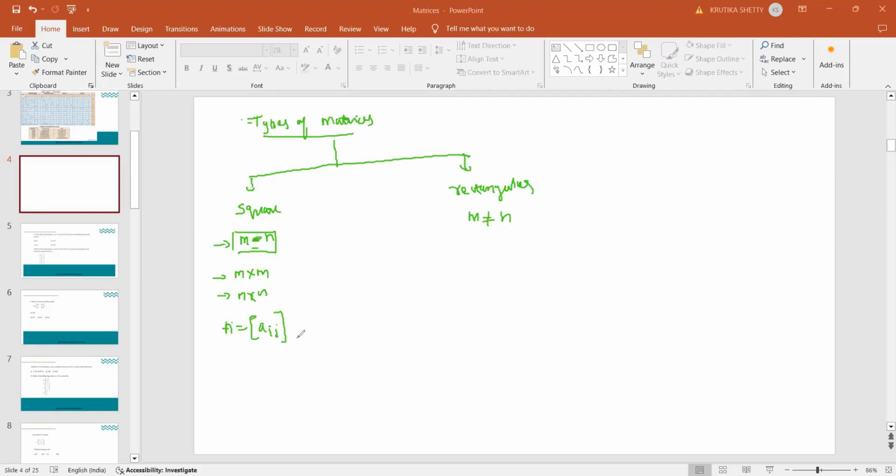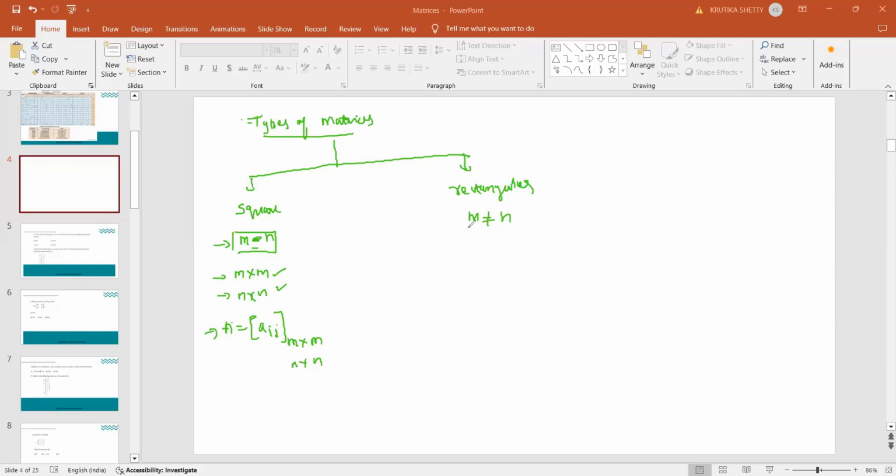This general form is very helpful in competitive exams as well as MCQs. They will give you four options, either m cross m or n cross n, and they may ask you to identify the square matrix. The order of a square matrix can be either m cross m or n cross n.